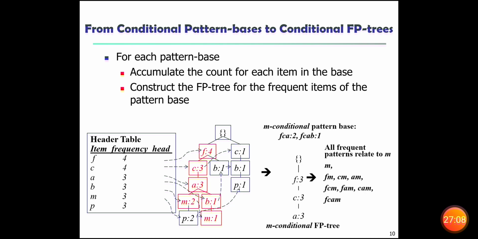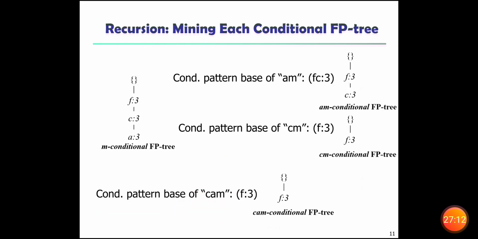In the same root, F only. So here we have given F. The count we already counted, the support count. This is the regression mining of each conditional FP tree.